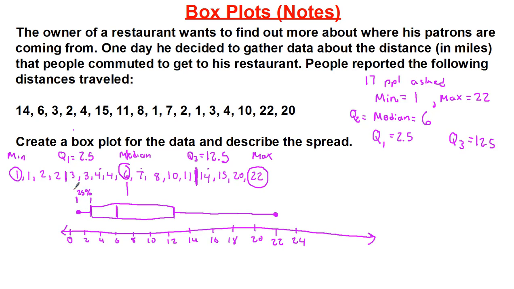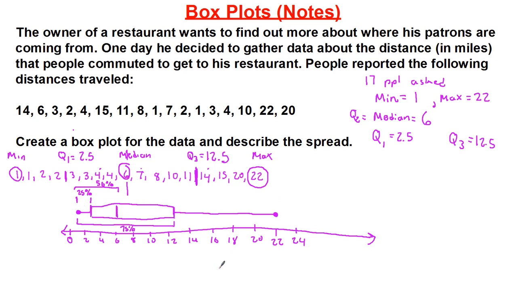Now, going from the minimum to the median over here, this is going to represent 50% of the data. If I go from here all the way to the third quartile, this is going to represent 75% of the data. And of course, 100% of the data is going to be the entire span.